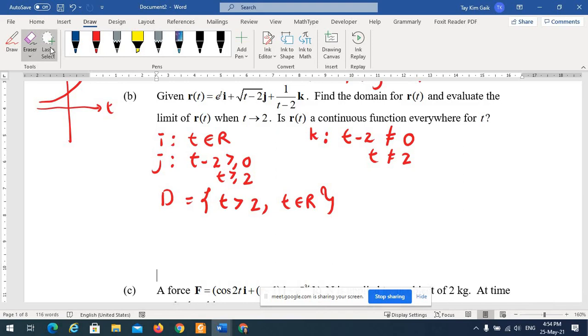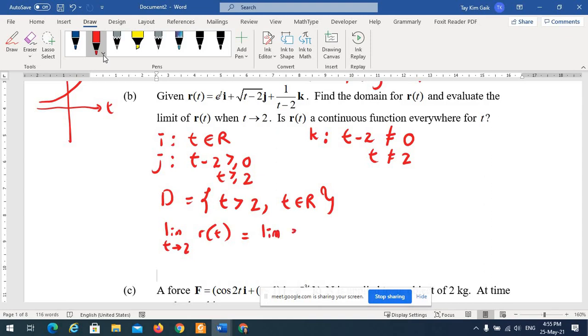Okay, and evaluate the limit of r(t) when t approaches 2. Limit of r(t) when t approaches 2. So it equals finding the limit at each component.